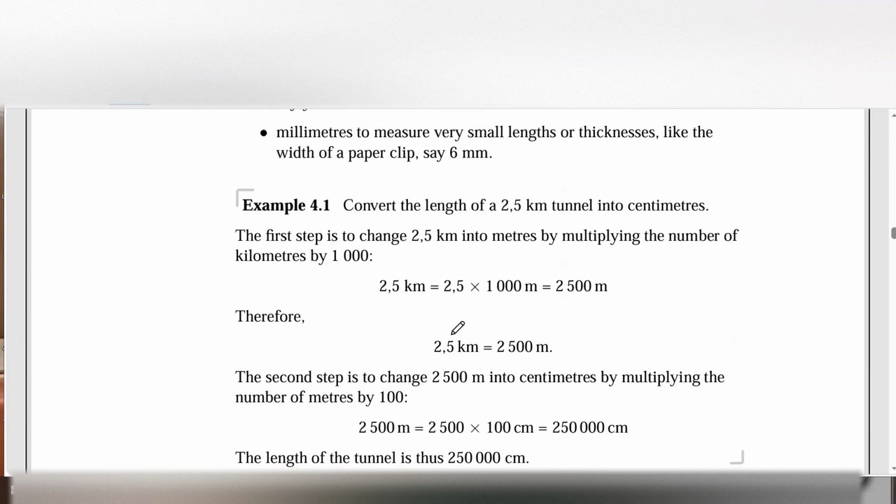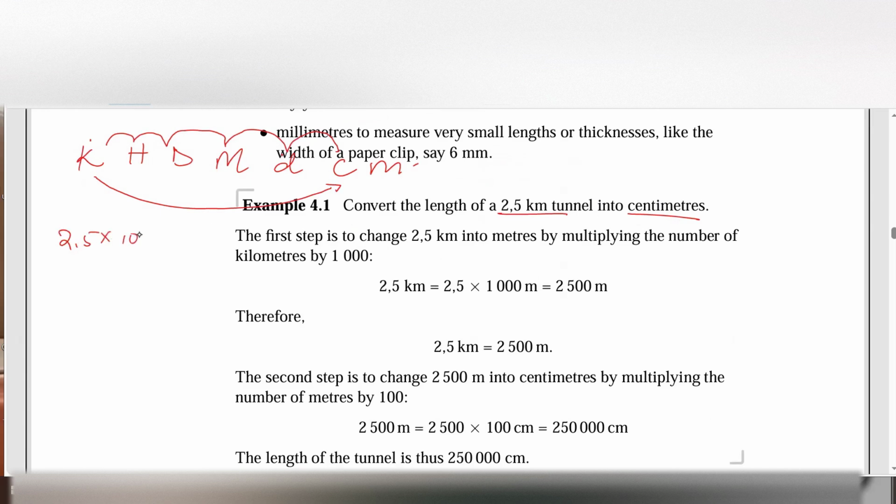An example: how do we convert 2.5 kilometers to centimeters? So kilo, hecto, deca, meter, deci, centi. From a kilometer to a centimeter, that's 1, 2, 3, 4, 5 steps, which is 100,000. So it's going to be 2.5 times 100,000, which is 250,000 centimeters.